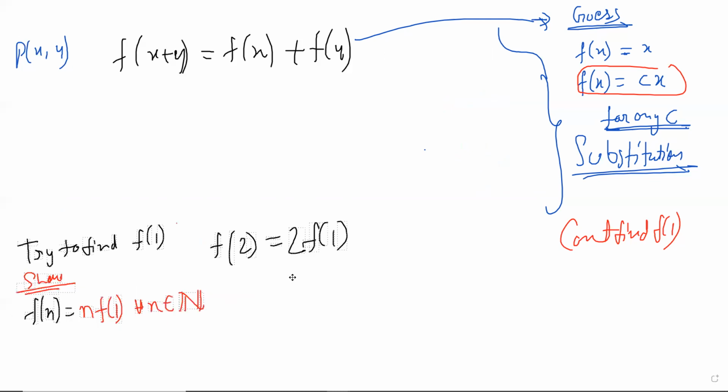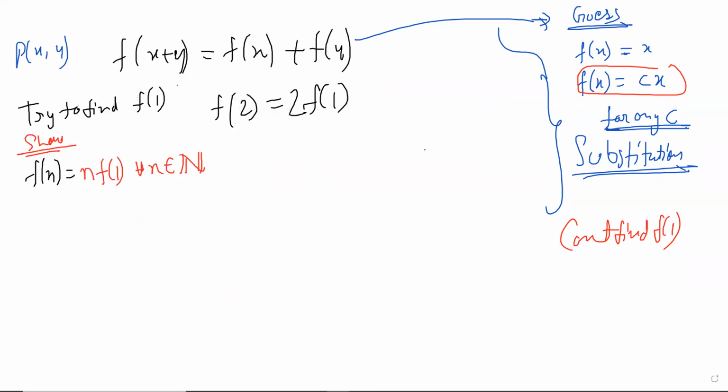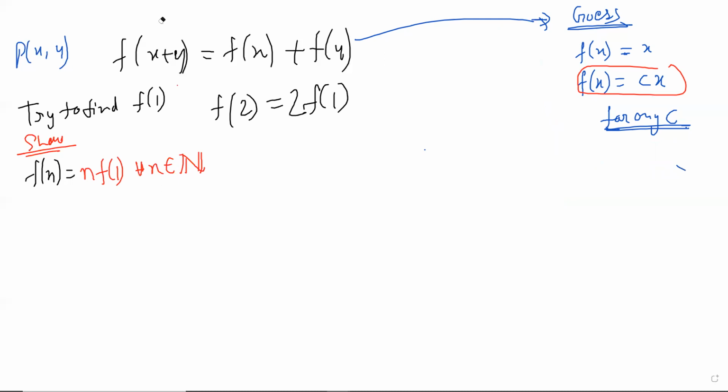So we have already shown it for 2, right? f of 2 is 2 times f of 1. How do you show this for all naturals? Or at least try showing it for the next few values. Just think.